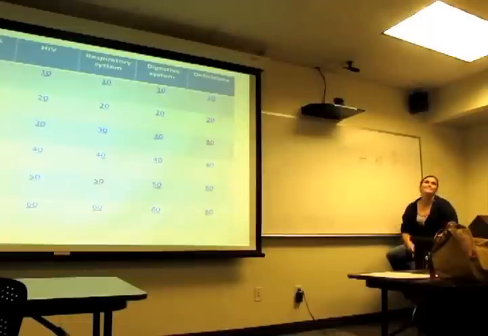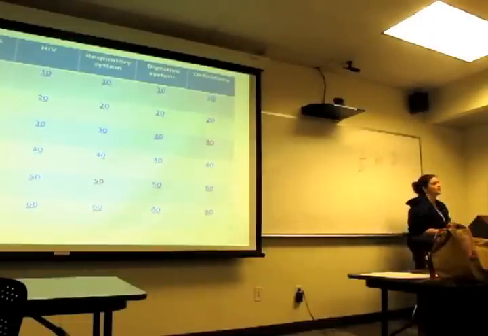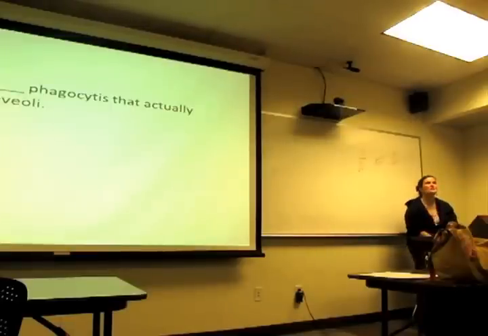Okay, let's go respiratory system for 60. Sweet. Blank, blank. This is yours, right? You did this one? Okay. I was thinking that it was alveolar phagocytosis, but that's not two words.